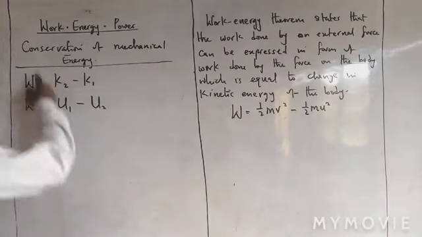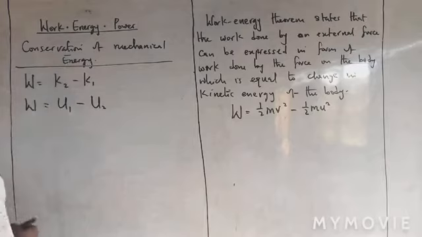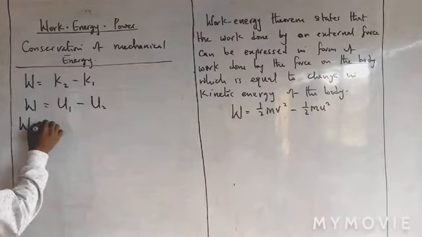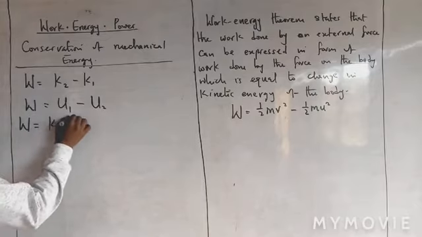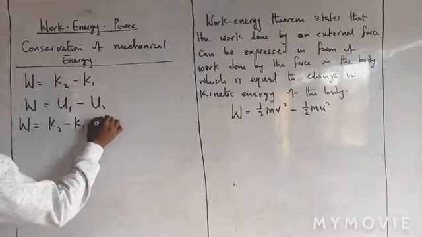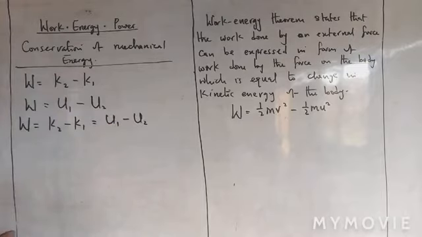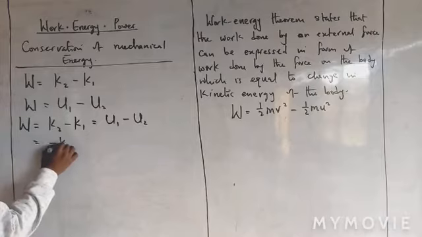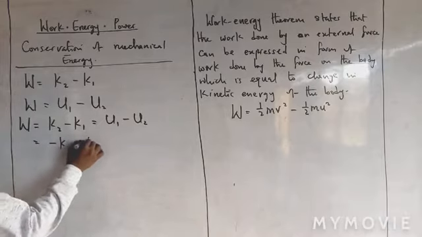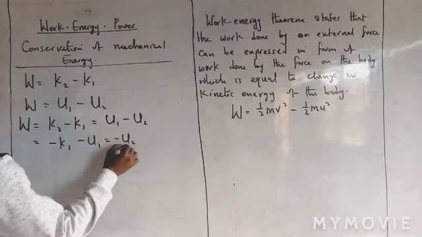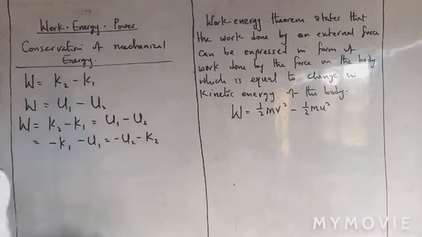So according to conservation of mechanical energy, work is equal to K2 minus K1, which is equal to U1 minus U2. This means that minus K1 minus U1 is equal to minus U2 minus K2.